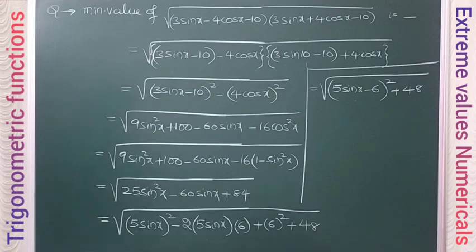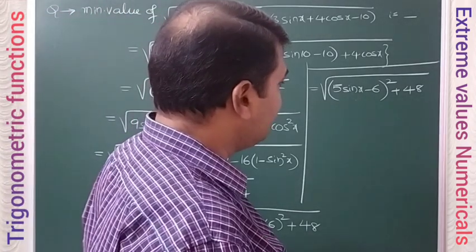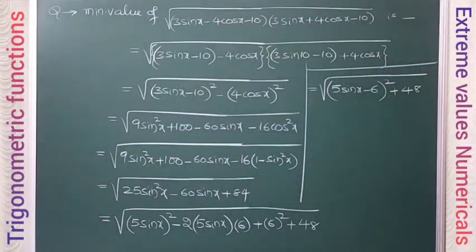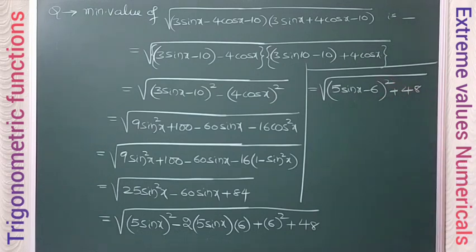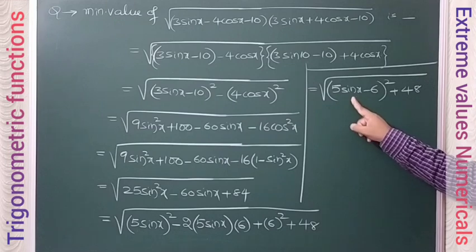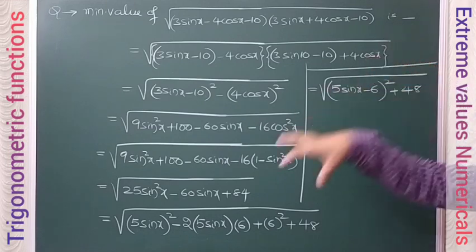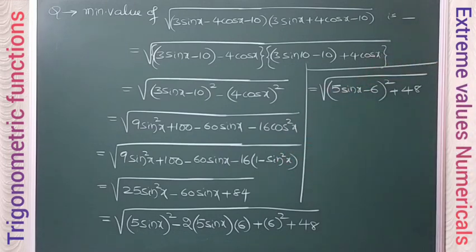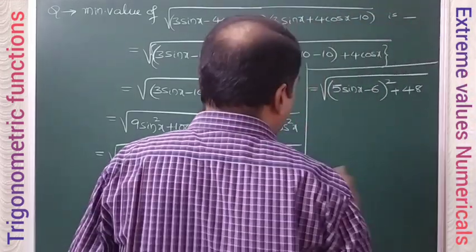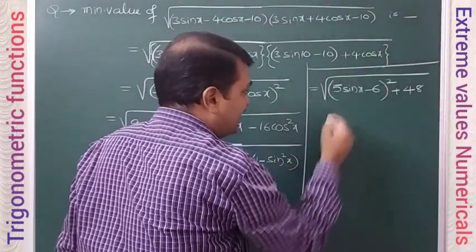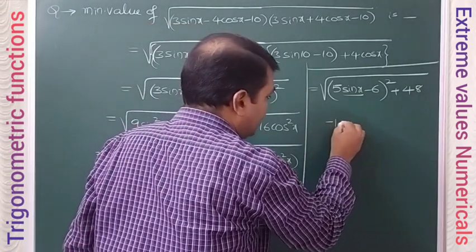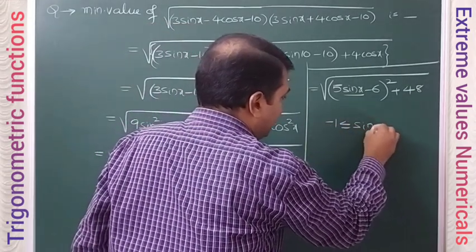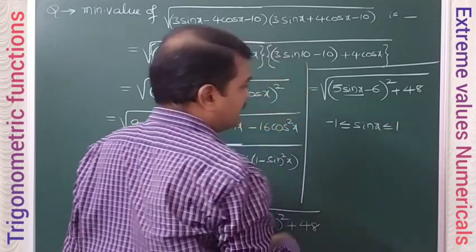Minimum value of the expression is required. So minimum value is required means you have to decide the least value of this term. When 5 sine x minus 6 whole square is least, you will get the minimum value of the expression. To get this, we know the range of sine x. I will start from there. We know that sine x will be between minus 1 to 1.